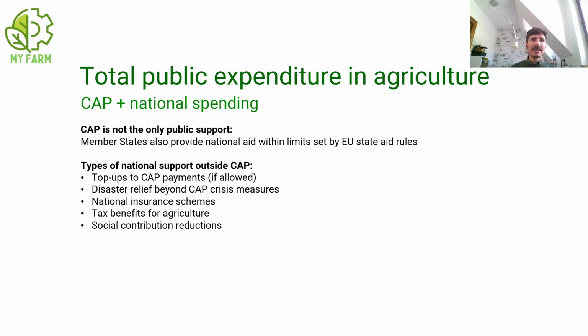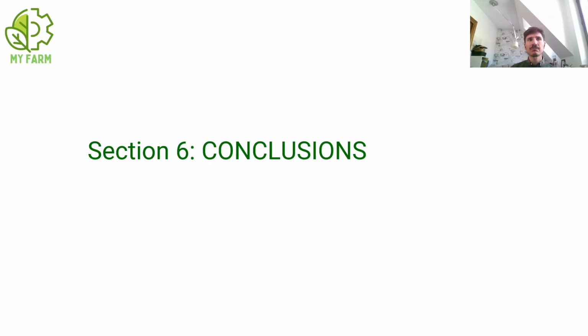There is disaster relief beyond CAP crisis measures, national insurance schemes, tax benefits for agriculture, and social contribution reduction. So all these financial elements enter into the total public expenditure.